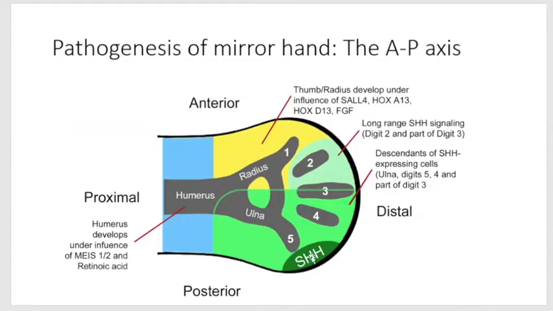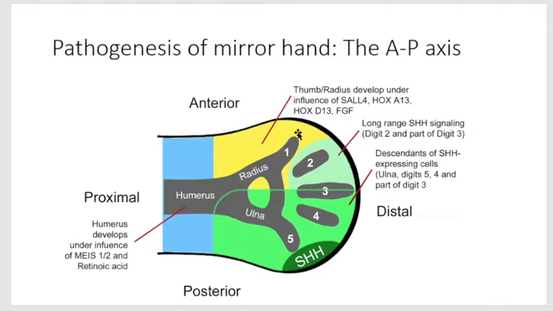Now, what happens if you gain activity of sonic hedgehog? The protein will start going further here. And once you reach this area with sonic hedgehog, the thumb says there's something wrong. You start getting thumb duplication, triphalangeal thumb.